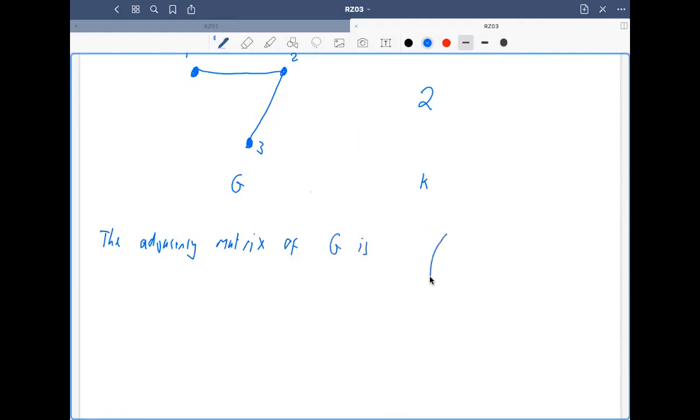Any graph can be encoded as a square matrix where the number of rows equals the number of columns, because it's a square matrix, and equals the number of vertices in the graph.